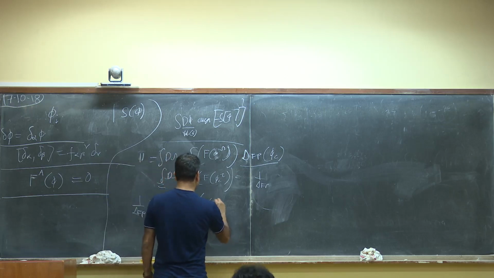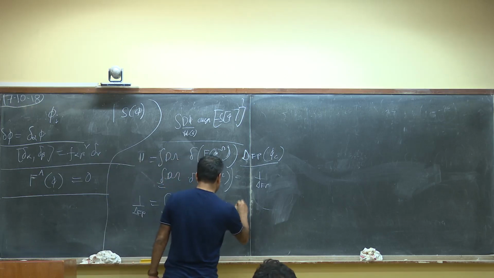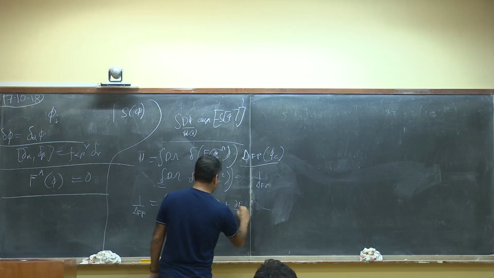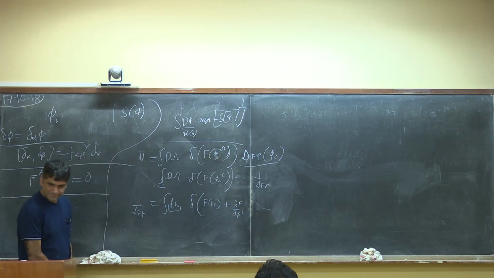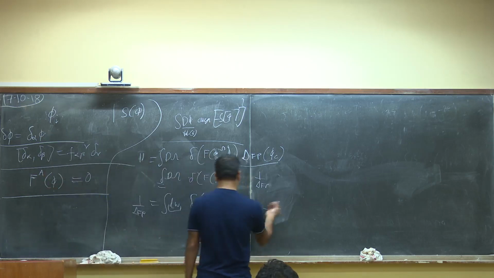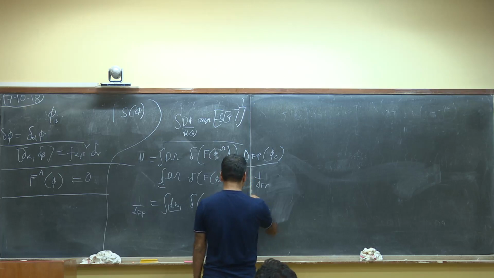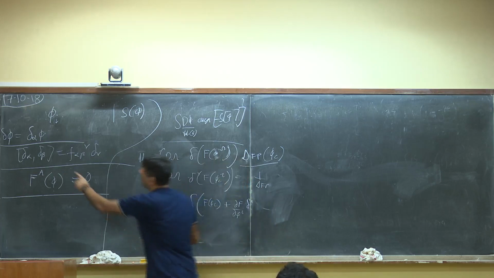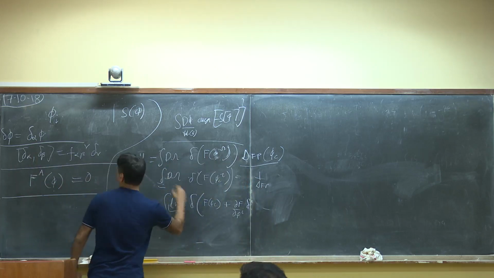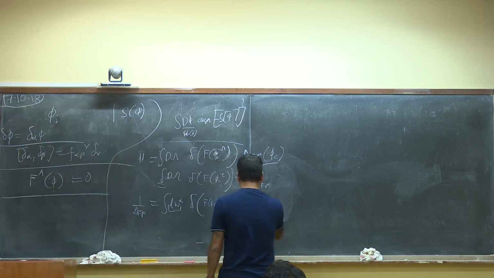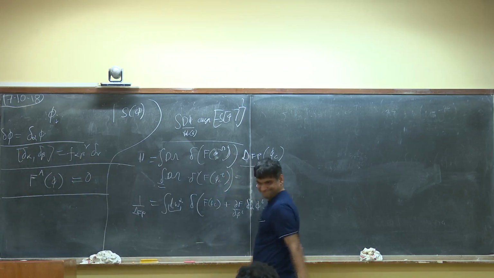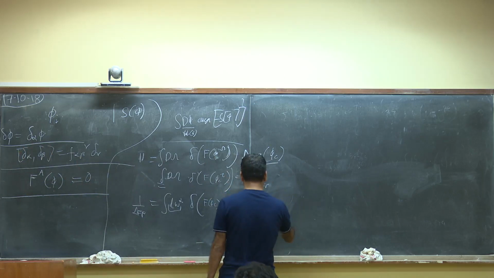F of phi c plus del f by del phi I, exactly, delta alpha. So these were omega alphas because those are the number of gauge parameters. Delta alpha of phi I, times omega alpha.